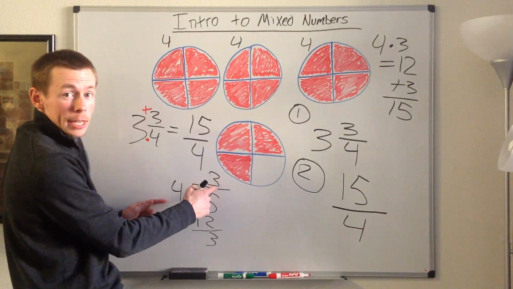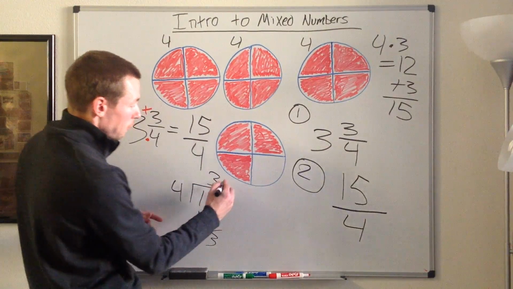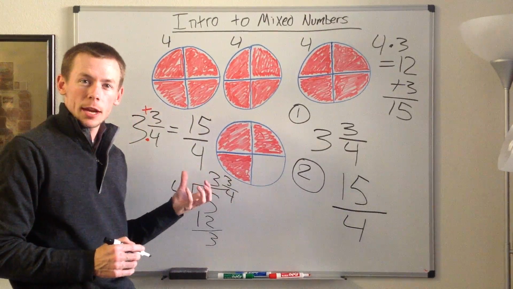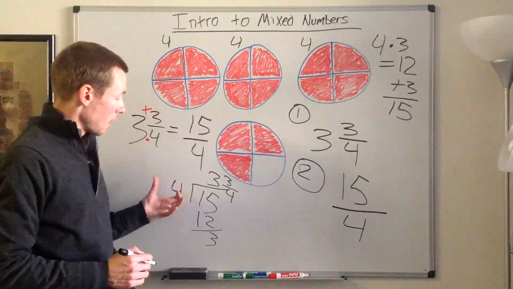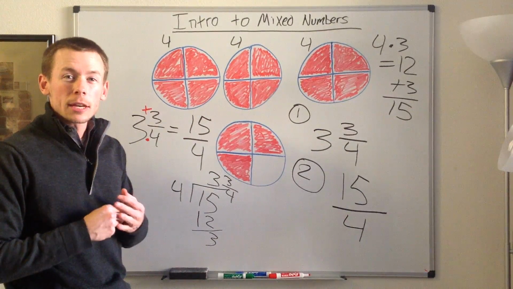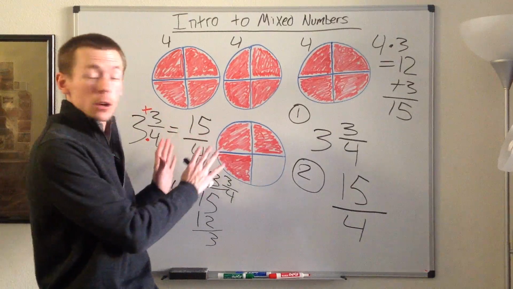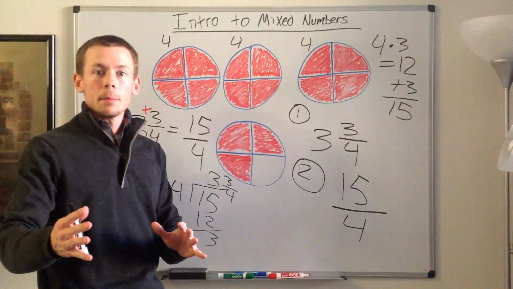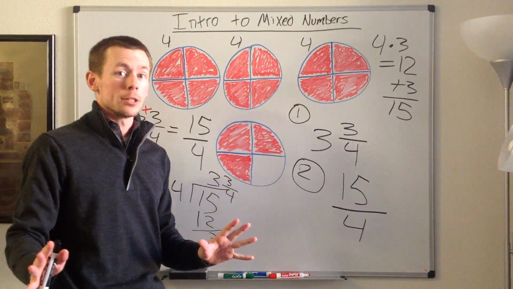So 3 complete, and then 3/4 left over, and that's how we would change from an improper fraction to a mixed number. So let's look at one more example. If you feel comfortable with this, then the video has concluded. But if not, let me show one more visualization.